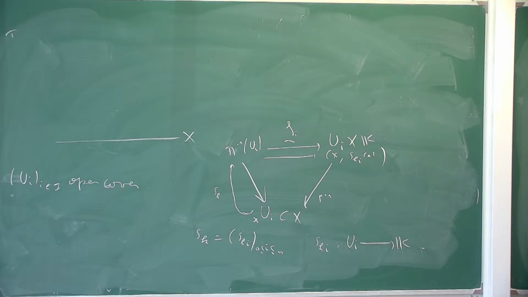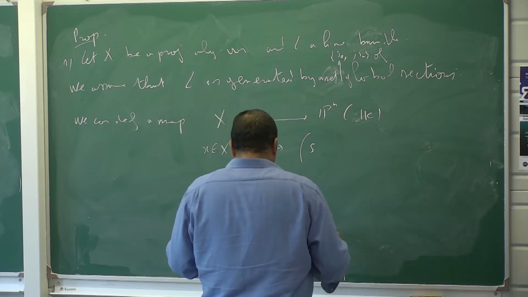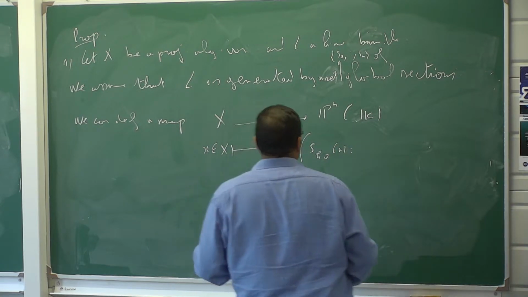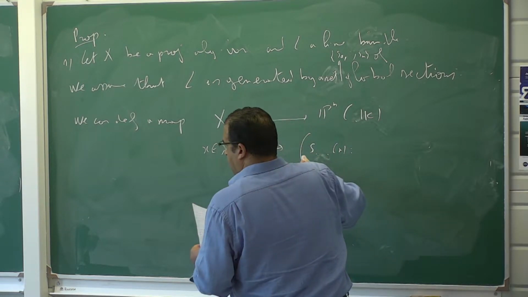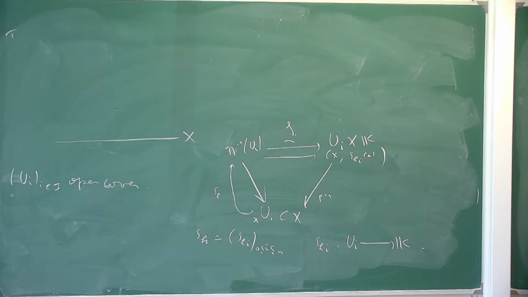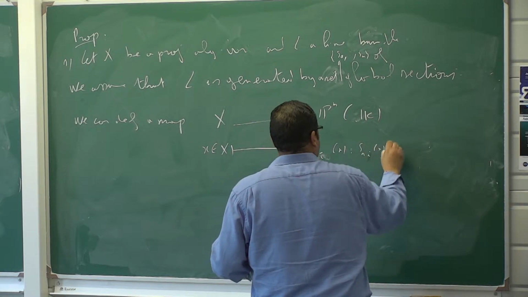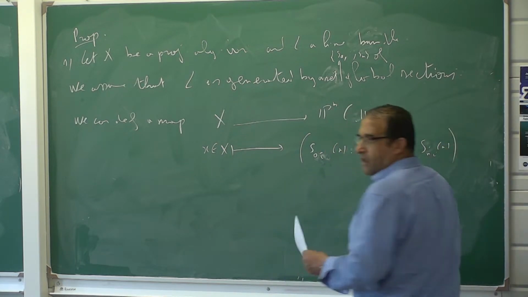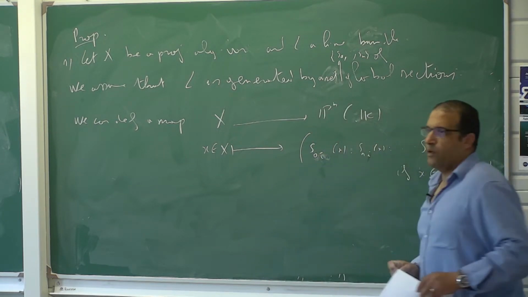So if you have a point x here, you associate to this point the projective point (s_{0,i}(x), s_{1,i}(x), ..., s_{n,i}(x)) if x is in the open U_i.